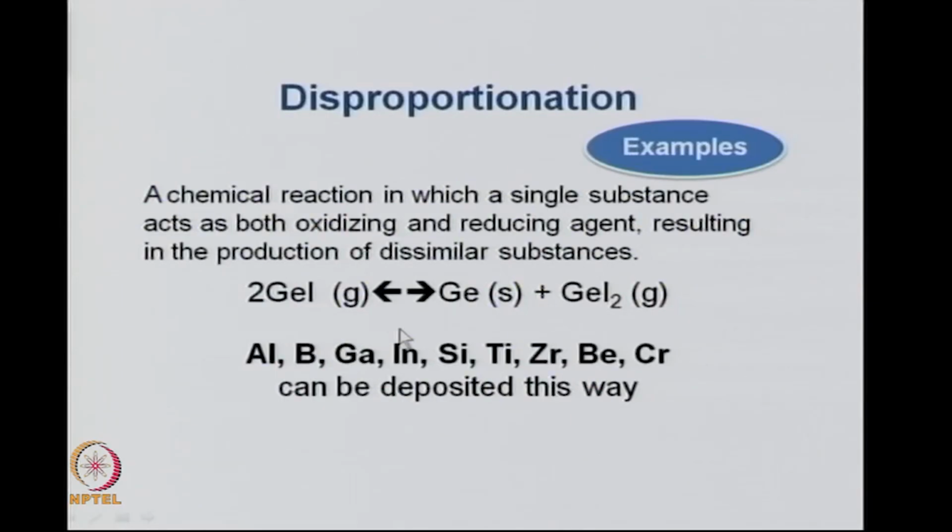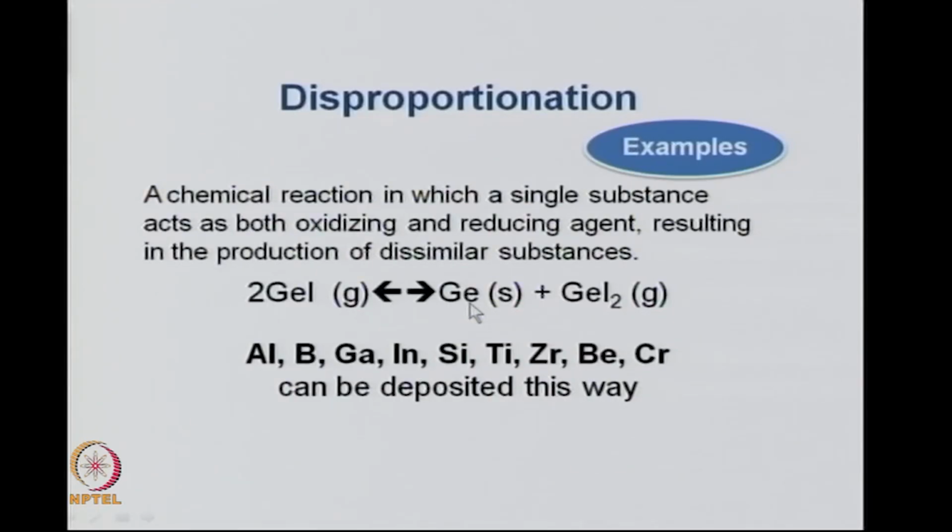That means one of them becomes oxidized to Ge2+ and the other germanium gets reduced to Ge0. Here the word disproportionation is used because you have a metal ion in a particular oxidation state, in this case +1 in the germanium iodide molecule, which disproportionates.